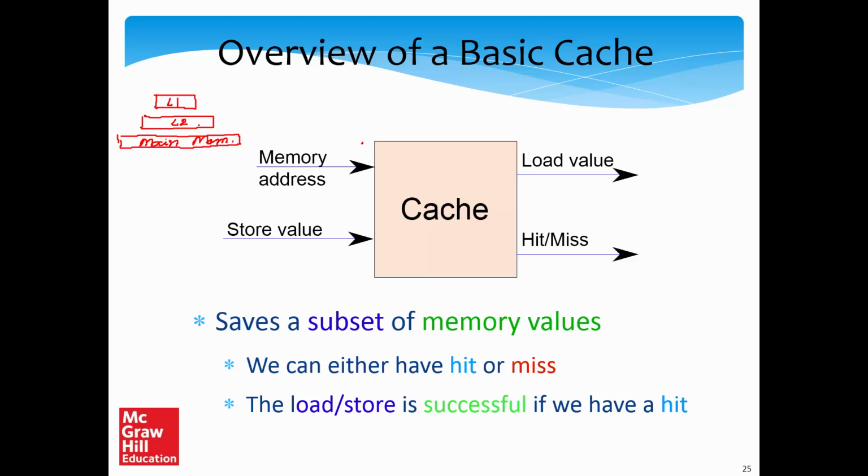The addresses in L1 are a strict subset of the addresses in L2, and addresses in L2 are a strict subset of the addresses in main memory. We had discussed that, and also, having a cache hierarchy takes advantage of temporal locality. To take advantage of spatial locality, we had discussed grouping memory addresses into blocks.